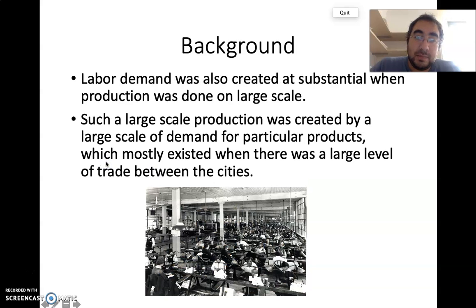But one basic thing that has changed the nature of labor demand was mass production. Even in the case of slavery, before mass production, the demand for slavery in major plantations in the American continent was not that high. But once those plantations started to export what they produce to Europe and became part of the global capitalist system, they were demanding more slaves.